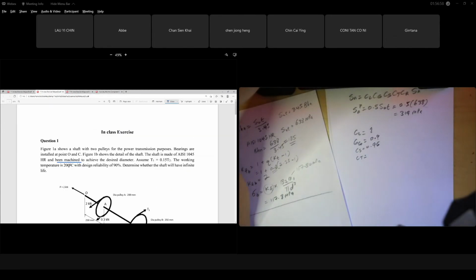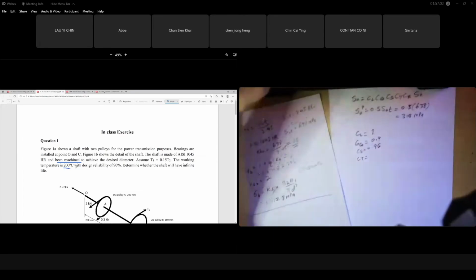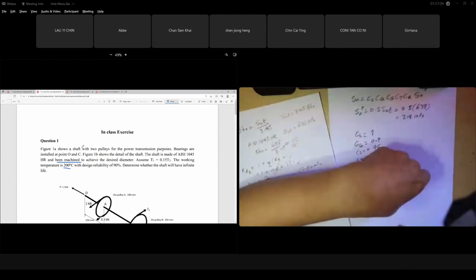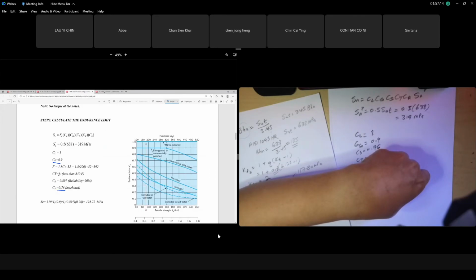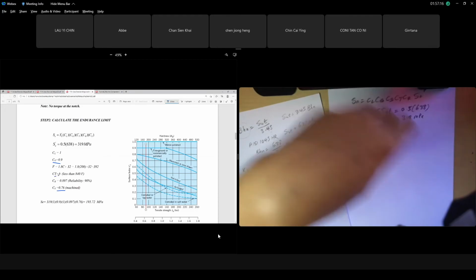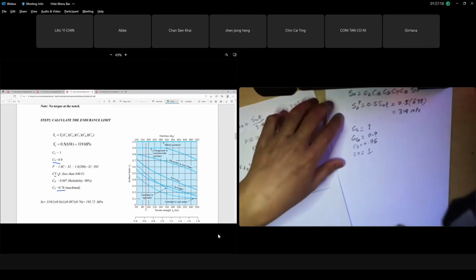Search Google, 200 degrees Celsius convert to Fahrenheit, what is the value? I'm just explaining again, 392 Fahrenheit. 392 Fahrenheit is still less than 840 Fahrenheit, so it will become 1. So look at your solution, they did it right, temperature is 1. So your CT is 1.